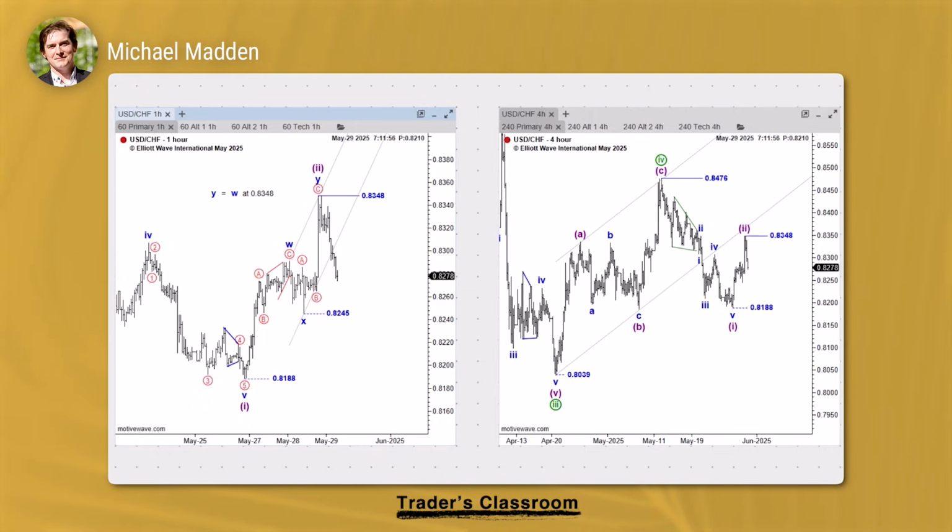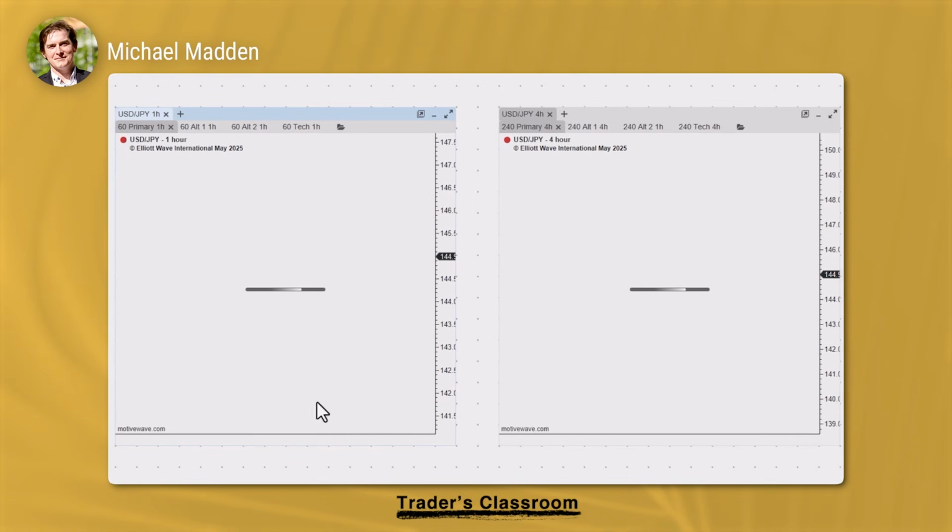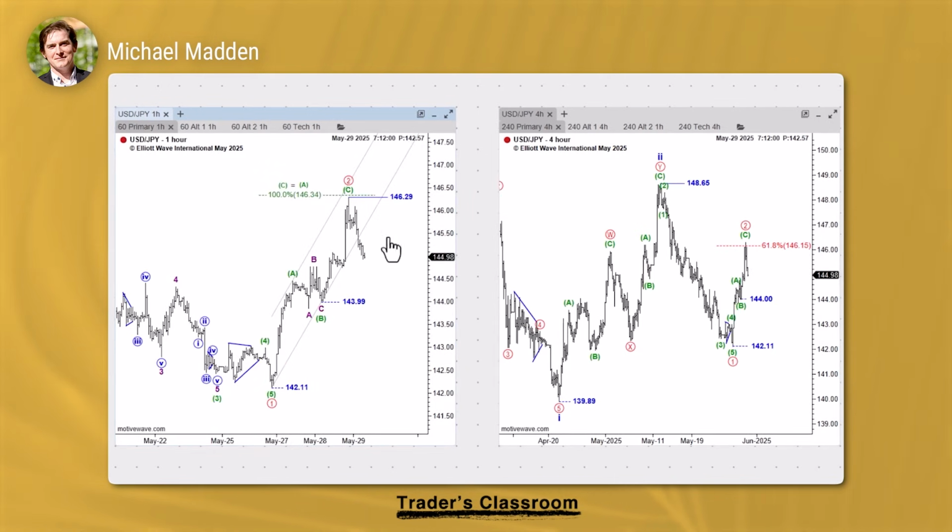And then another nice example showed up in dollar yen, where we had a zigzag pattern, A, and then here we had possibly a combination for wave C, but ultimately very corrective price action around that 144.50 area, and a push hard into complete wave C, but just shy of the equality relationship at 146.34.